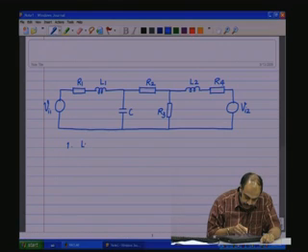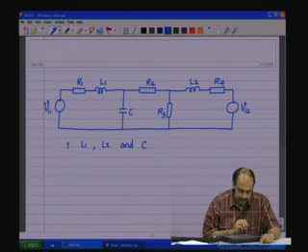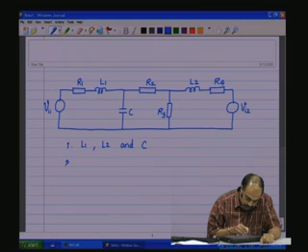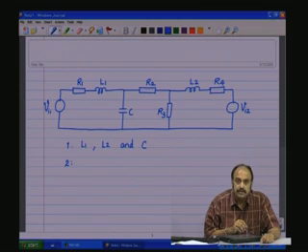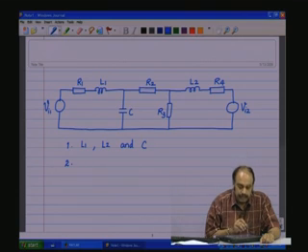So, L1, L2 and C, these are the energy storing elements that we need to be bothered about for the dynamics, and then identify the state variables associated with these energy storing elements.